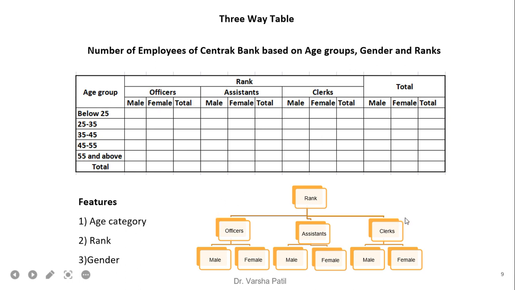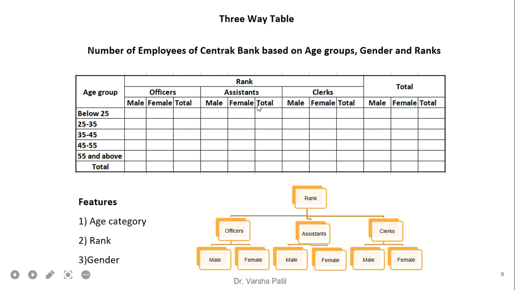If we see this hierarchy, you can easily get the rank, and under rank officer, assistant and clerks are there, and again under officers male, female are there, assistant male, female, clerk male and female, and at last under male, this is not shown, but under the male category you are again storing the data for the different age groups. So three features are used: age category, rank and gender.